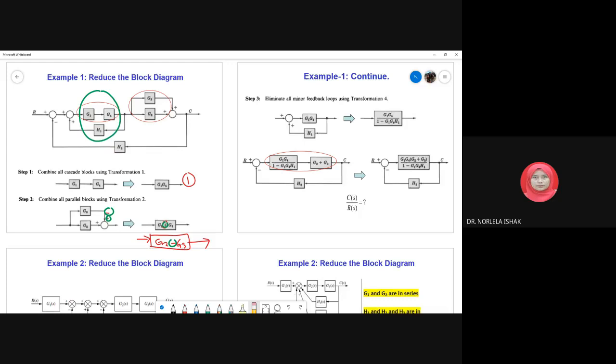So meaning you can get this one, right? Is it correct? Yes. Everybody can see after cascade, when we redraw, you can get this one inside the green circle.